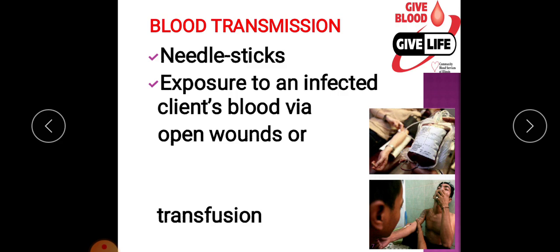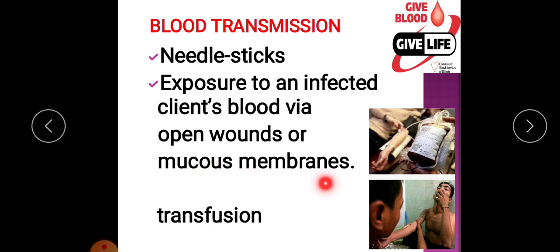For example, if I have an open wound and the blood of a person with HIV splashes onto the wound, that contaminated blood of an infected person could definitely penetrate my wound, and there is a chance that I could acquire HIV from that person. Or mucous membranes.